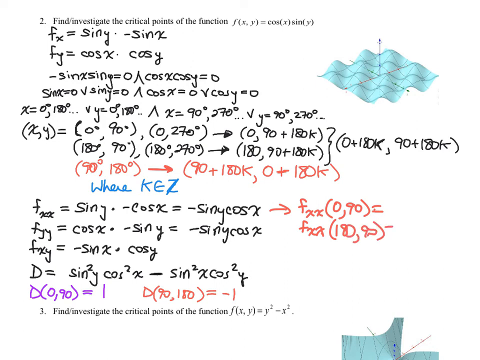All right, so we're popping these values into my second order partial with respect to x. Plugging in a 90 for y is going to give me a negative 1. I'm sorry, positive 1, ultimately negative 1. Plugging in a 0 for x gives me a positive 1, so this ends up being a negative 1 overall.